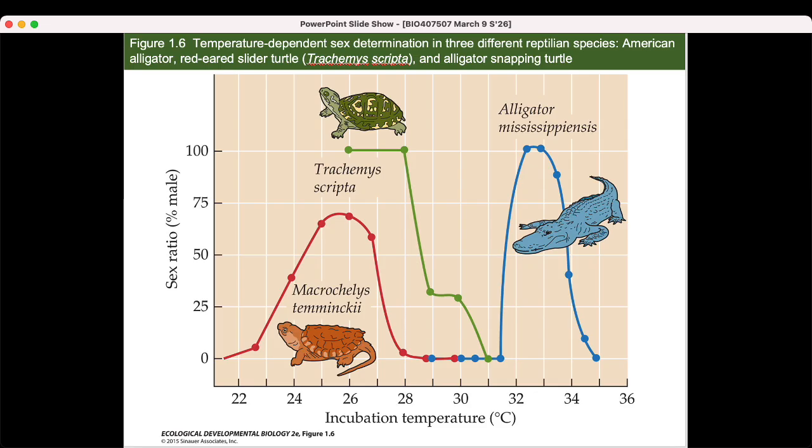In that alligator, the blue line, males are produced at a really specific temperature, and cooler or warmer temperatures produce females. That's the same kind of graph as in Luke's review paper. So that is the phenomenon, that's the observation.